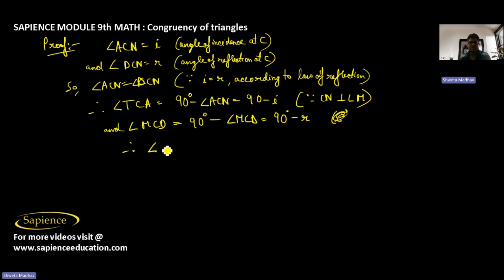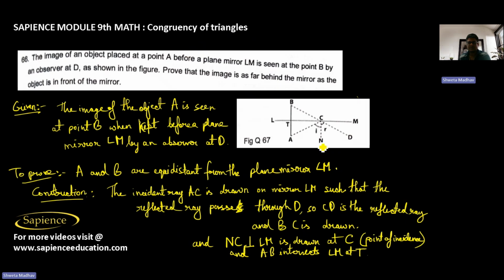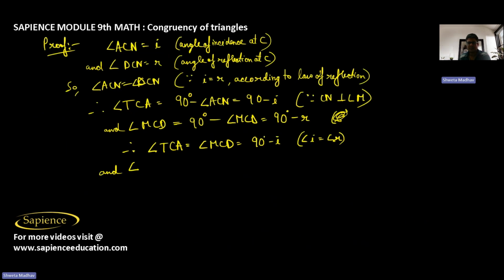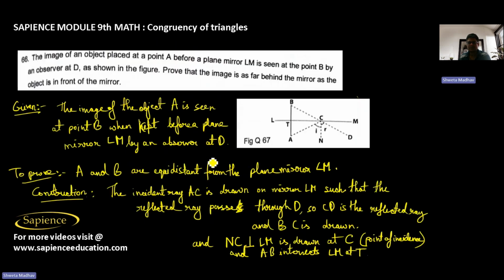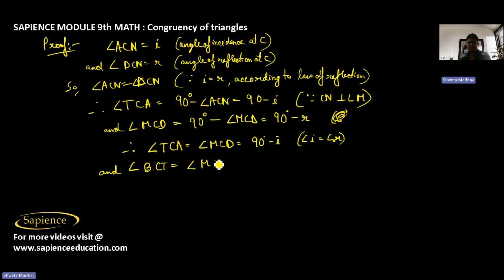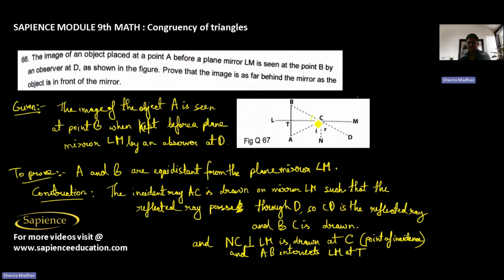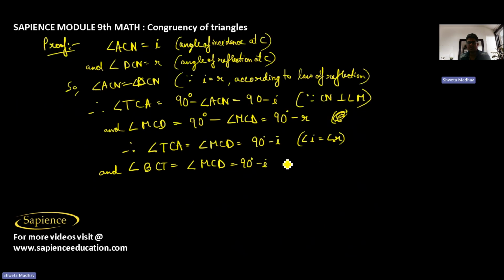Therefore, we can say that angle TCA will be equal to angle MCD, which is equal to 90 minus I, since angle I is equal to angle R. And also angle BCT will be equal to angle MCD, which is 90 degree minus I only, since they are vertically opposite angles.